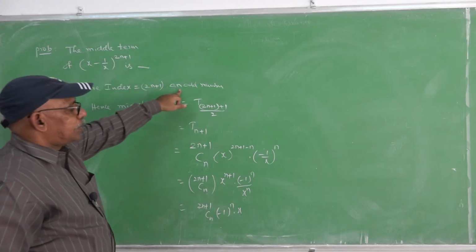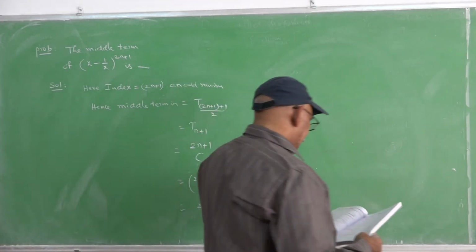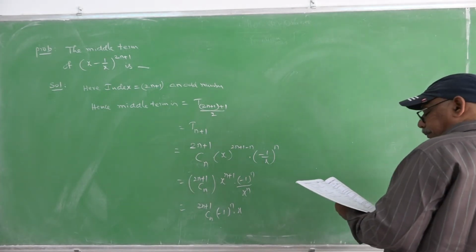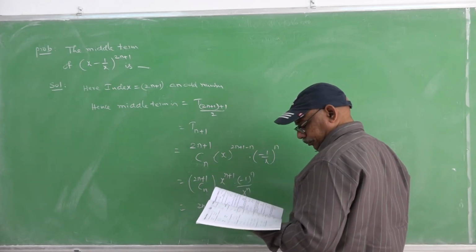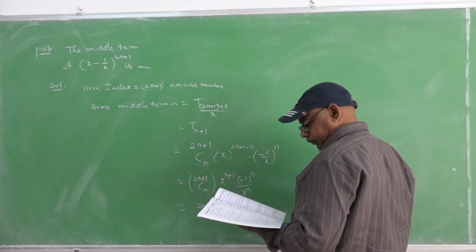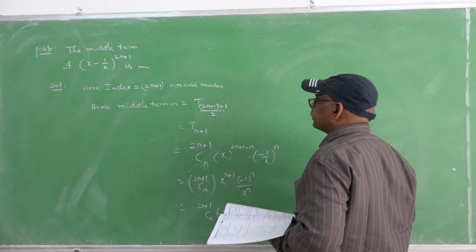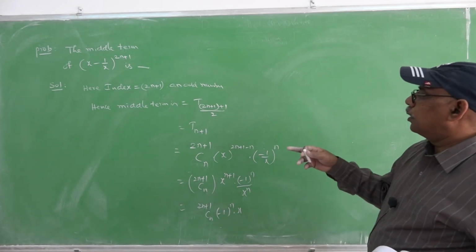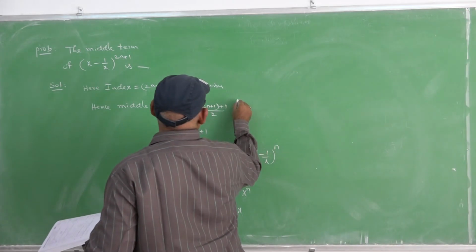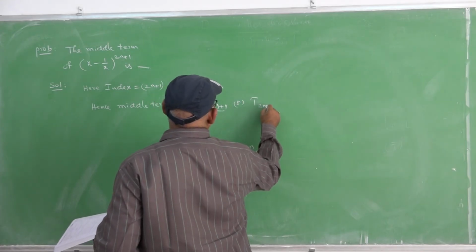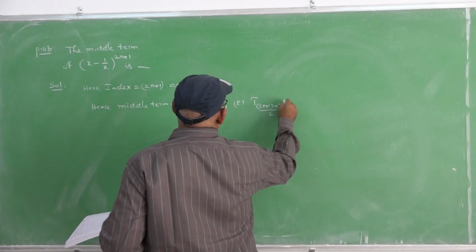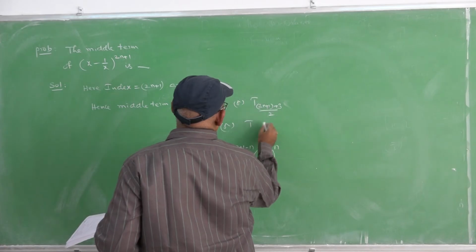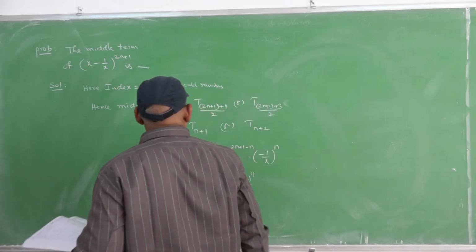Once the index is odd, the middle term is index plus 1 by 2. Or you can take t index plus 3 by 2 also, which is t n plus 2, the next term.